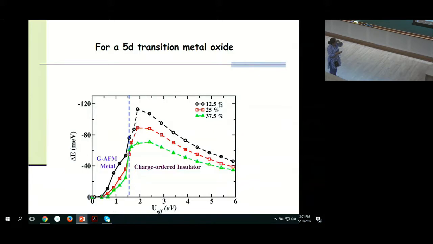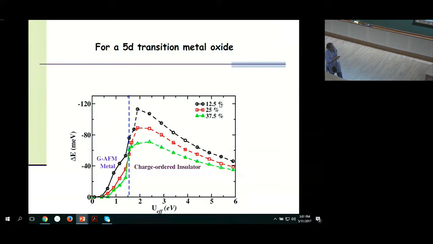And as we increase the electron doping concentration, what we also found was that the phase diagram remains essentially unchanged, except that the energy stability associated with each of these phases is reduced.